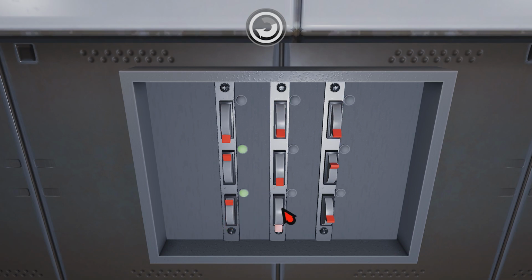It's very annoying that you have to go all the way down and then all the way back up, because if you fuck up, it's a lot more button presses. All right, there we go. We're back to here now.